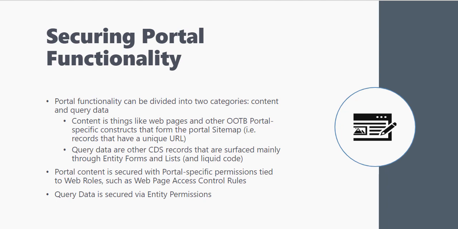Portal content would also include things like content snippets, but those are not secured. You can't really secure content snippets in that same way. So the only content on the portal that you can secure is content that has URLs associated to it. And the most basic example of that is web pages.